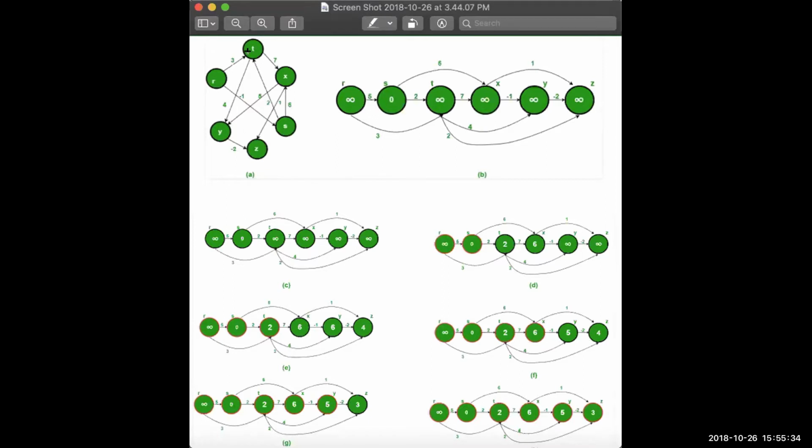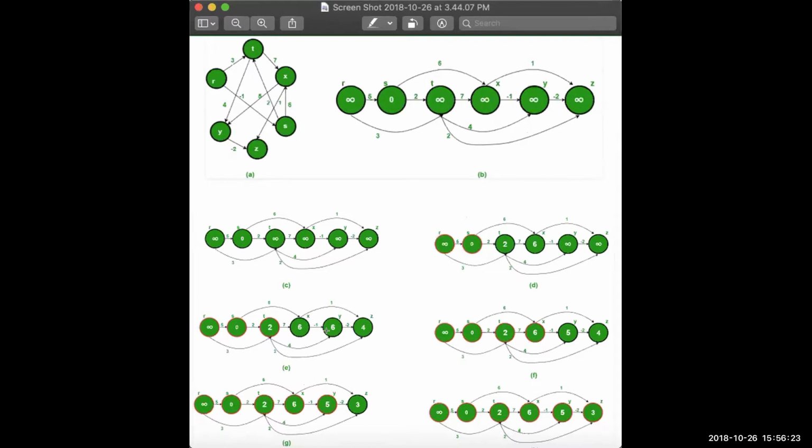And then the next vertex that T goes to is Y. So T to Y, right?